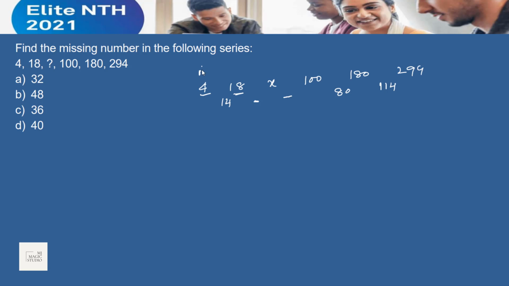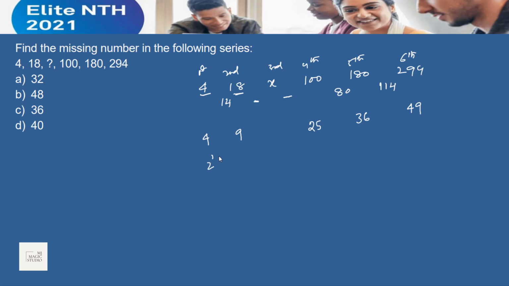4, 18, and so on: first term, second term, third term, fourth, fifth, sixth. As I can observe, 4 divided by the first term 1 gives 4. 18 by 2 gives 9. 100 by 4 is 25. 180 by 5 is 36. 294 by 6 is 49.